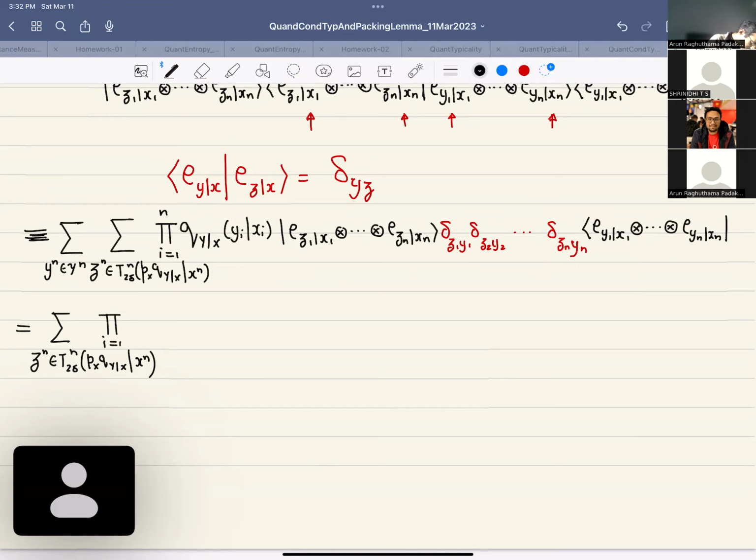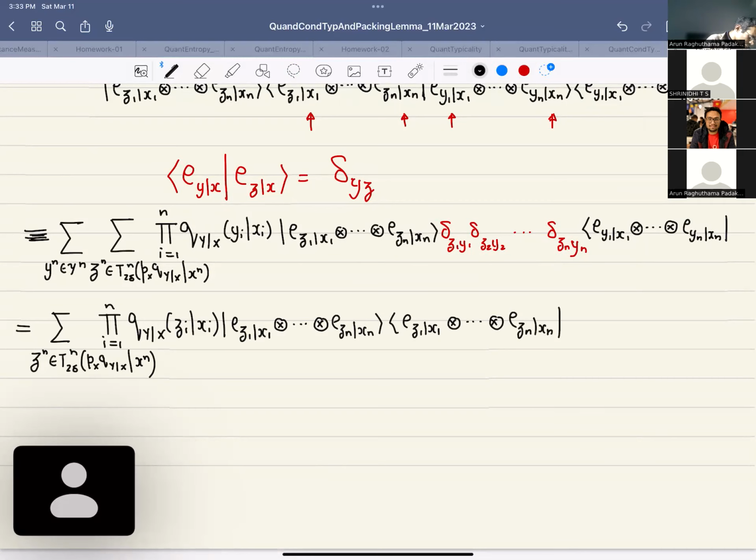So I will have Q_y given x of zi given xi, because the yi is equal to xi, and I just have |e_z1 given x1> all the way until |e_zn given xn>, outer product <e_z1 given x1| all the way until <e_zn given xn|.